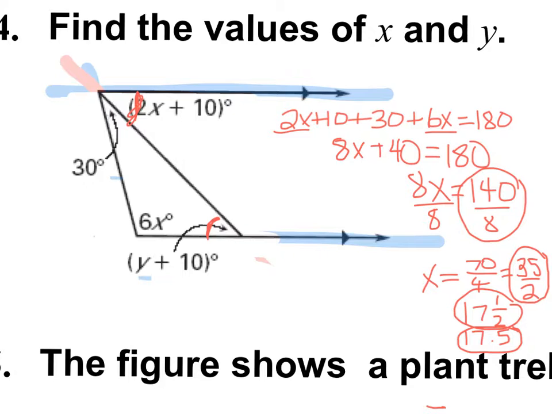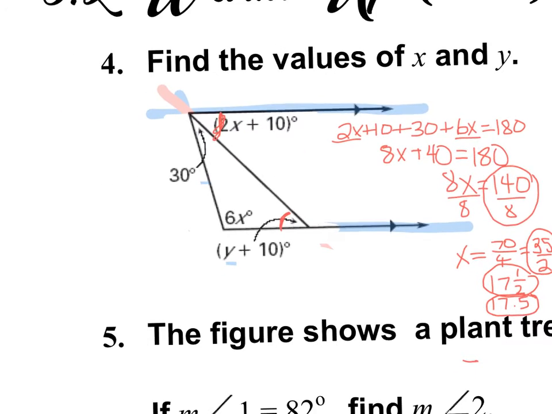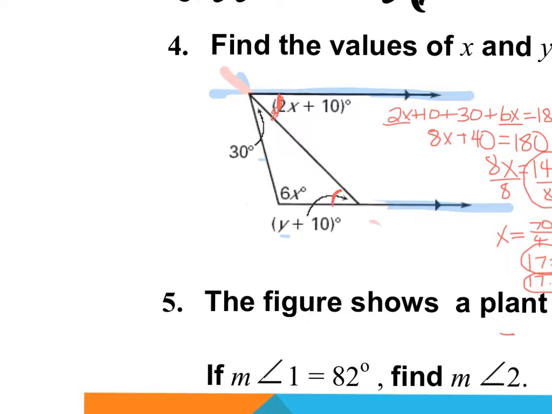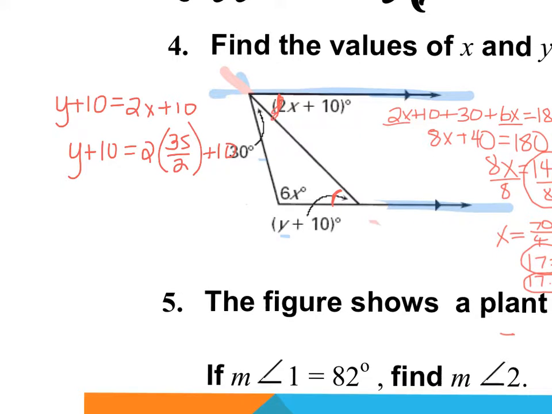So what would be true about that 2x plus 10 and the y plus 10? They're congruent. Now I don't know the y, so y plus 10 would equal 2x plus 10, but I do know the x, right? So 2 times 35 over 2 plus 10.